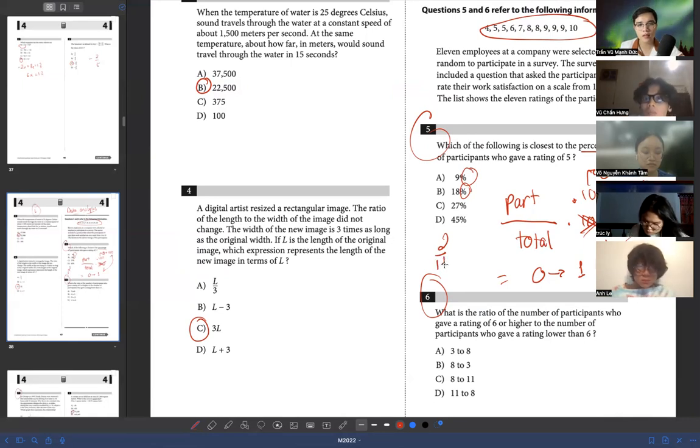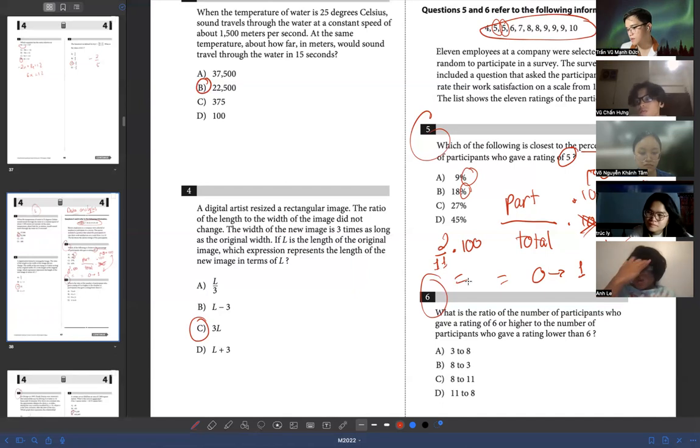Just the number of the value being asked, which is 2 5s, and you divide them by 11, and you multiply them by 100, and you get, let me calculate, about 18%, so it's B.